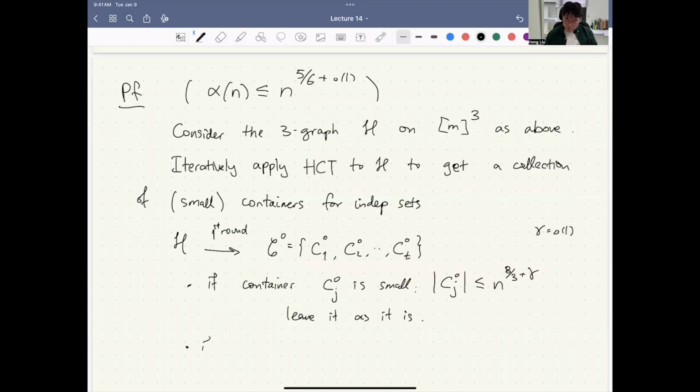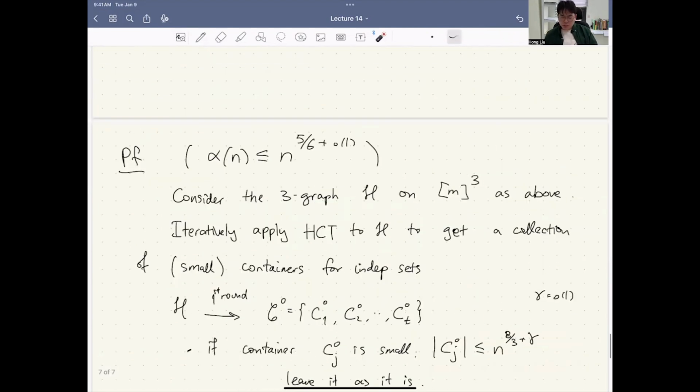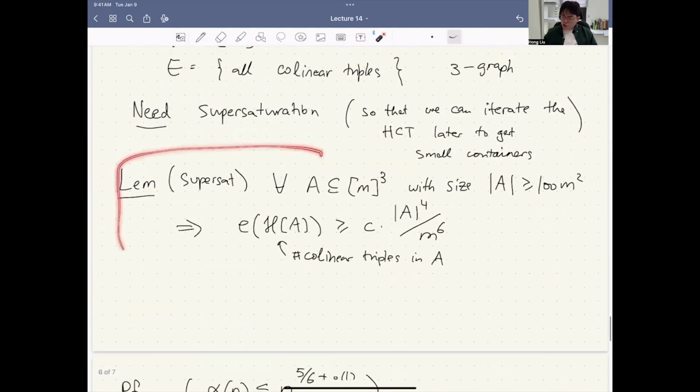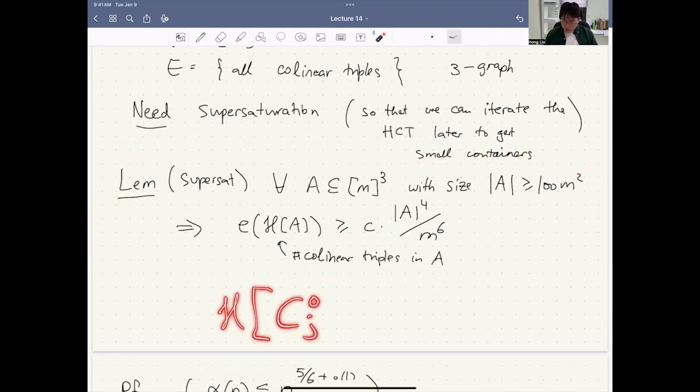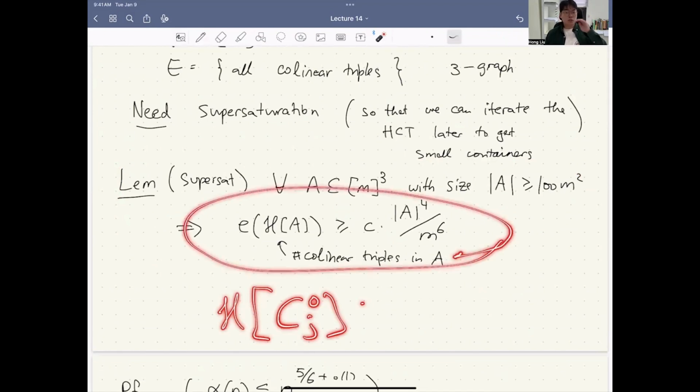But if the container is large, that means larger than this, we can then use supersaturation to know that the induced hypergraph on this container still has many edges, okay? Large average degree.